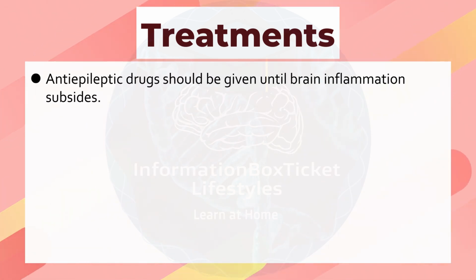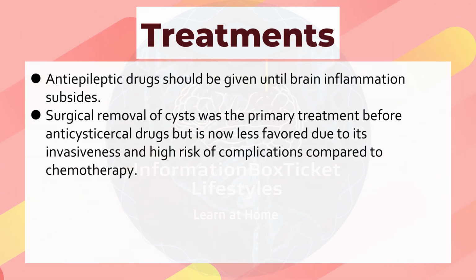Anti-epileptic drugs should be given until brain inflammation subsides. Surgical removal of cysts was the primary treatment before anti-cysticercal drugs, but is now less favored due to its invasiveness and high risk of complications compared to chemotherapy.